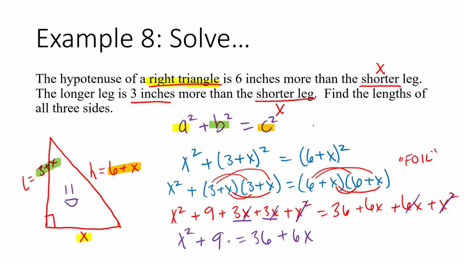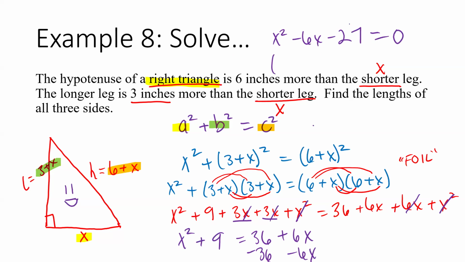All right, so first thing you should have done here was to get one side equal to 0. In order to make that possible, we would have had to subtract 36 and subtract 6x, right? So I'm going to move up here so I can have more space. So once you did that, you should have been left with x squared minus 6x minus 27 equals 0.